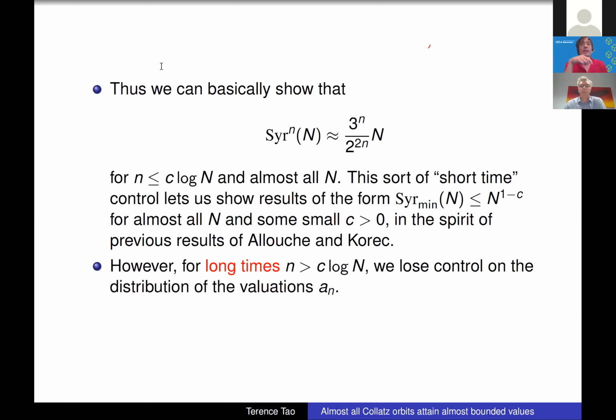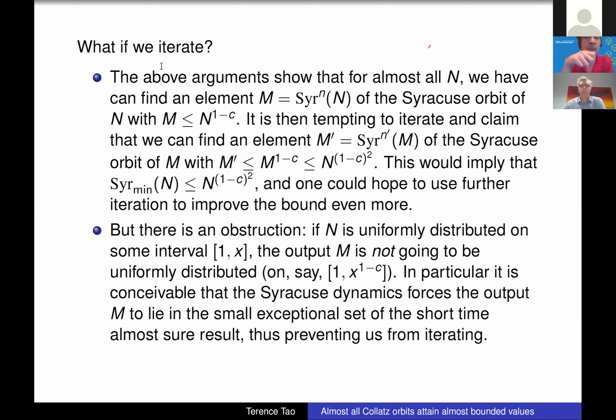Okay, but a natural thing to do is to try to iterate this argument. So what I've just told you is that if you start for almost all numbers n, if you iterate the Syracuse map, you eventually end up at some value which I call m, which is a little bit smaller than n to 1 minus something, n to something slightly smaller than 1. Now, you could try to iterate this claim. Maybe now you just restart the Syracuse iteration starting with m instead of n.